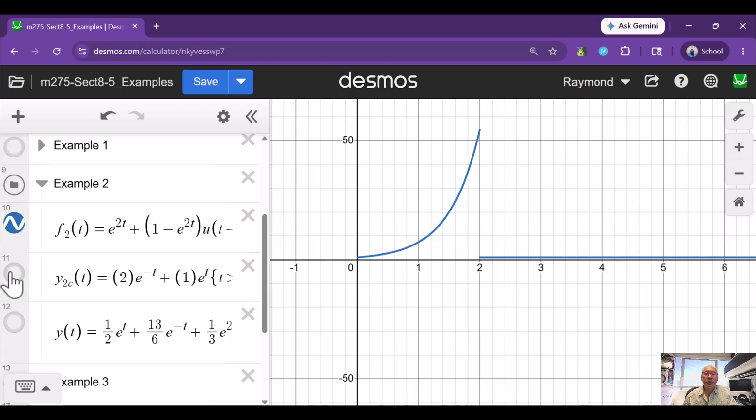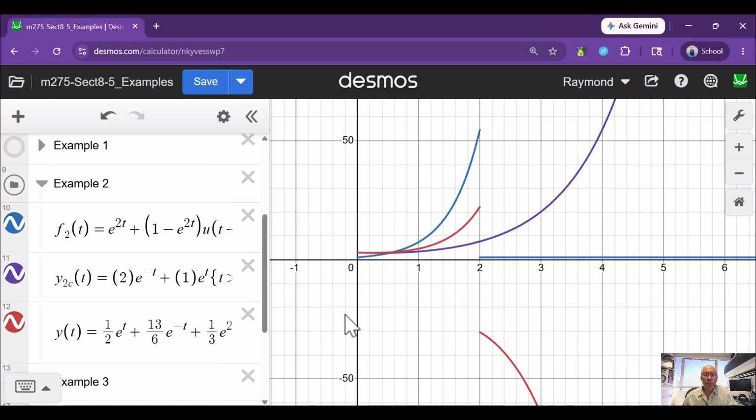The original blue is the piecewise function, so it's an exponential function. It jumps up until you get to 2, and then it remains constant at 1. And so this is the homogeneous, the complementary solution, and the actual solution that we're looking at looks like this.